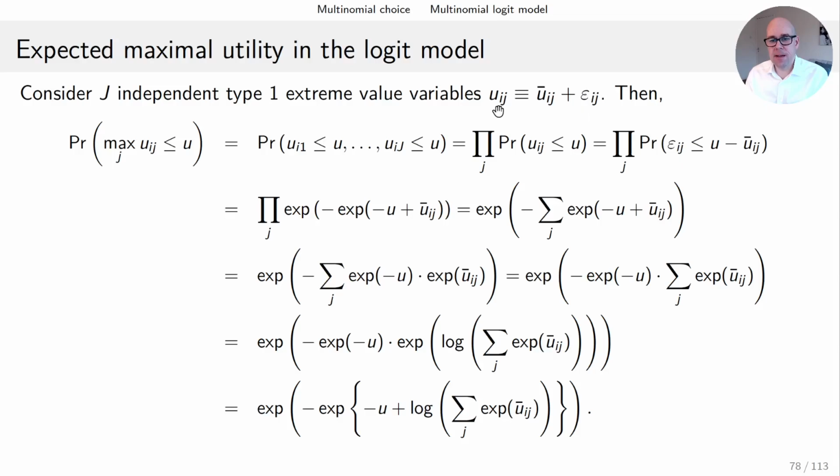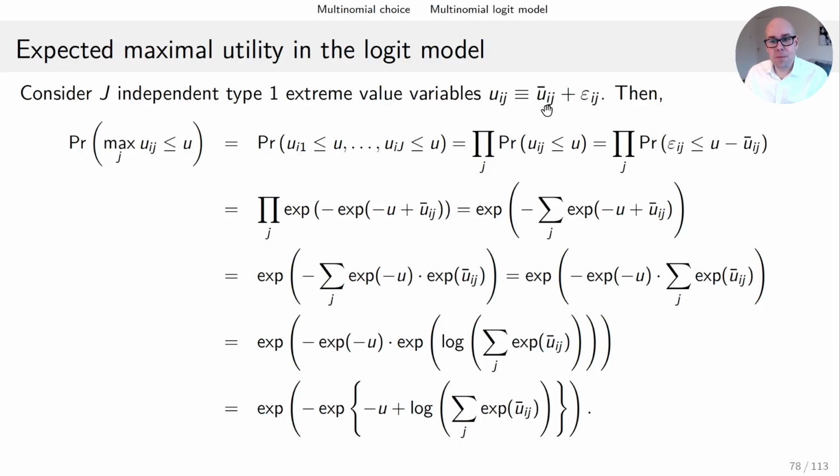So the random utility consists of the average utility and the epsilon ij. Okay, and I'm assuming now that the epsilon ij is type 1 extreme value. Little aside, it's actually slightly wrong to call this here the average utility or the mean utility, because the mean of the epsilon ij, as we have seen before, is actually not 0, right? So the mean of epsilon ij is the mean of a type 1 extreme value distribution, and that is equal to Euler's constant, which is 0.57 and so on.